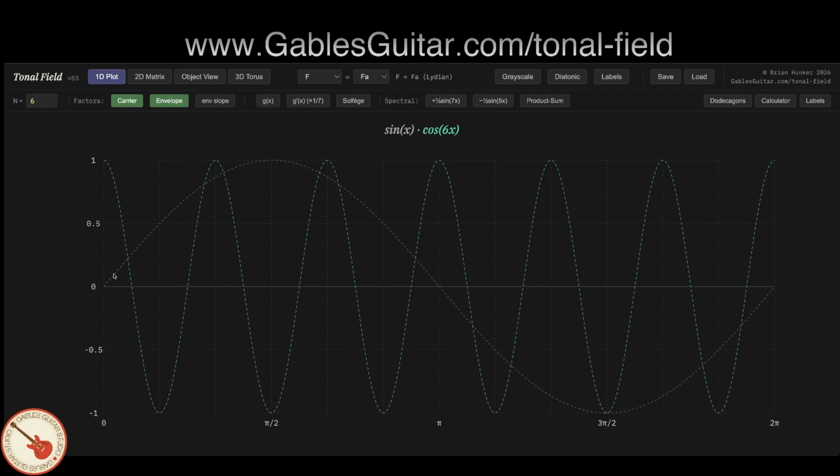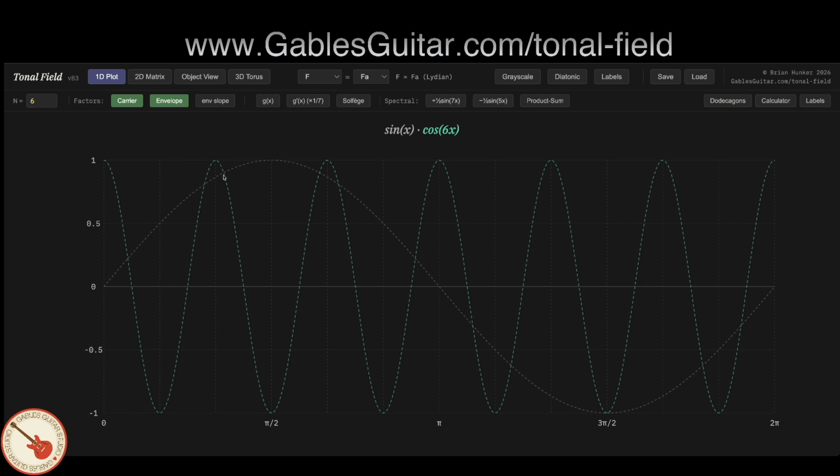At the origin, sine x is 0, while cosine x is at 1. So this peak is going to be multiplied and forced to 0. Then it's going to be slowly scaled as we go up. When the cosine wave crosses 0, it'll be negative, but it'll be pulled up by the sine wave. The negative part will be shrunk as it multiplies by the sine wave, which is not yet 1.